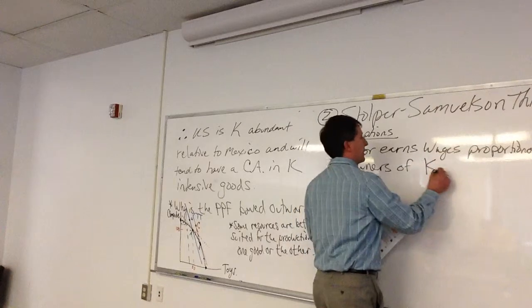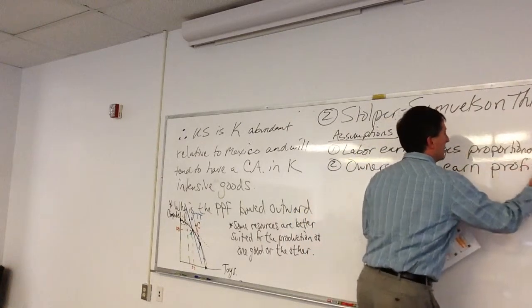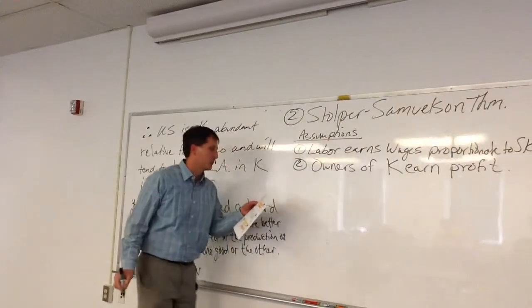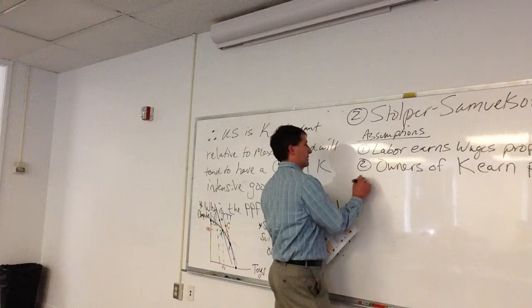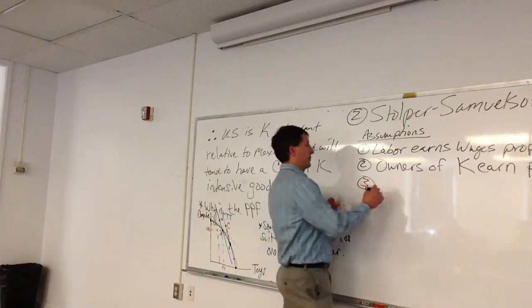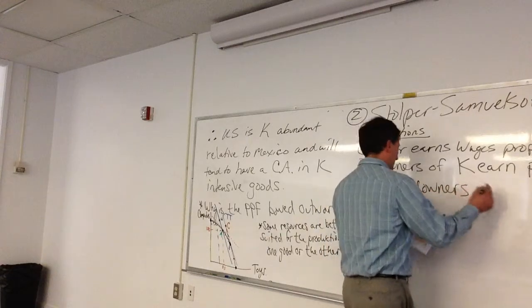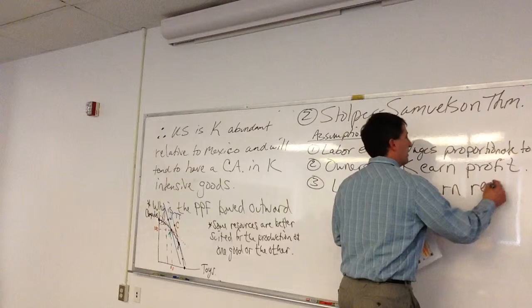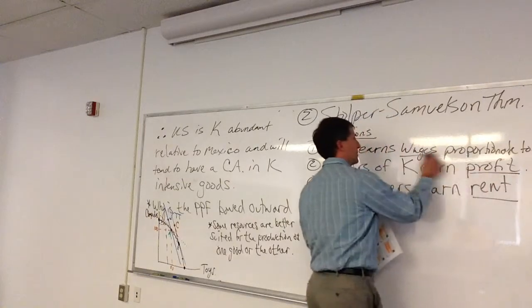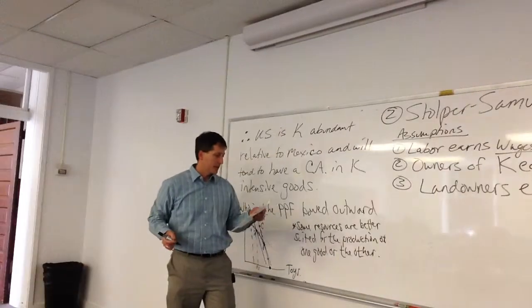They could also earn rent. That's why we did it this way, because the land is where we're going to have the rent accrue. Landowners earn rent. So we have labor getting wages, capital owners getting profit, landowners getting rent.